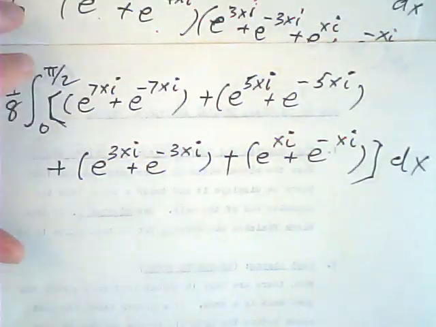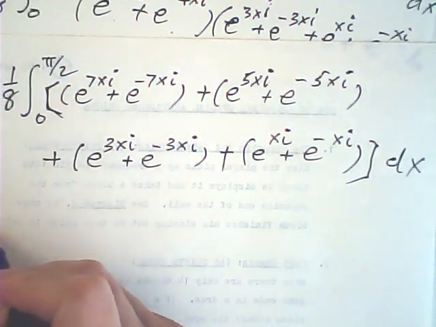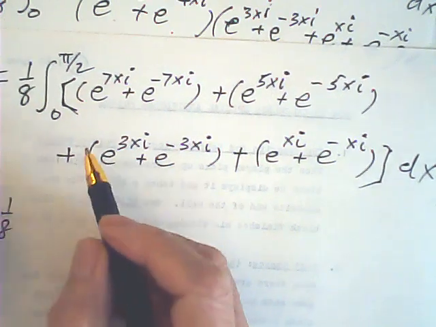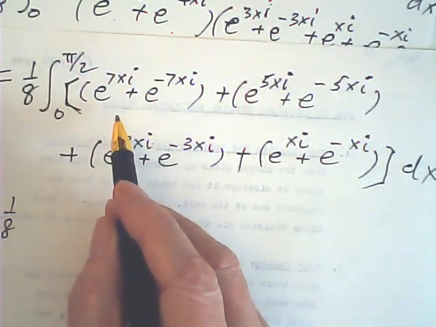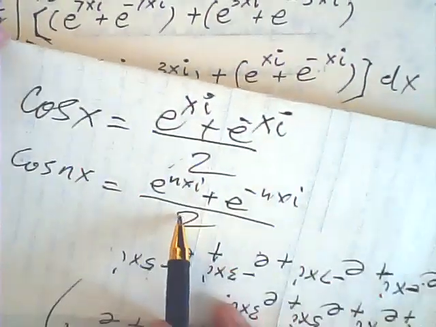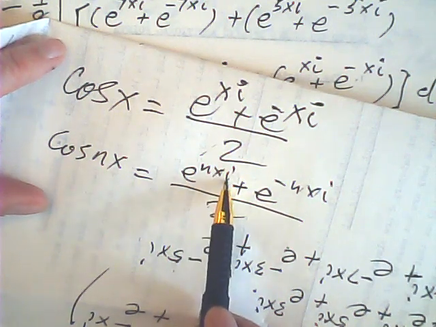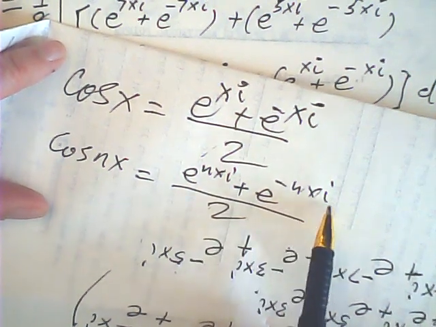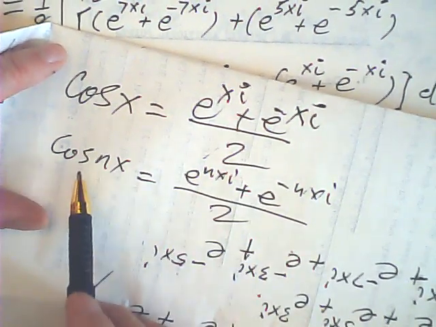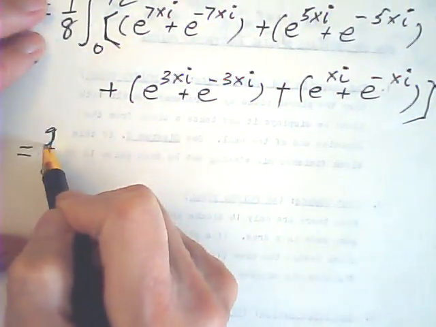Well, let me write carefully. There's a 2 here, right? So e to the nxi plus e to the negative nxi is equal to 2 cosine nx. So all have the common factor 2.